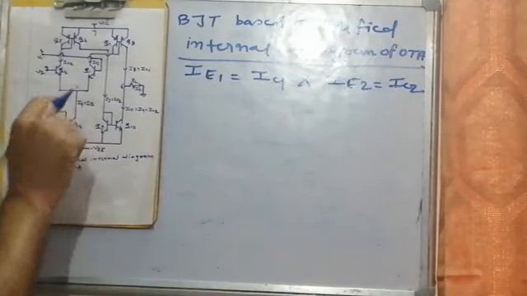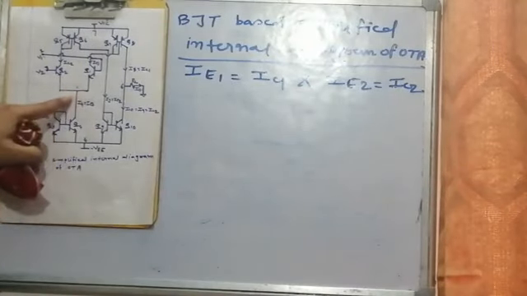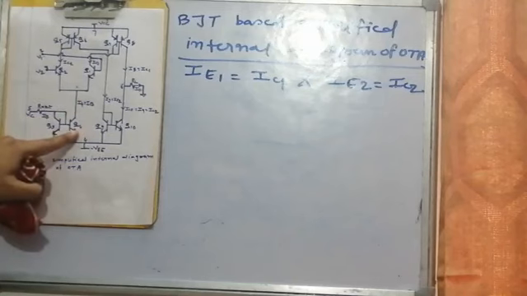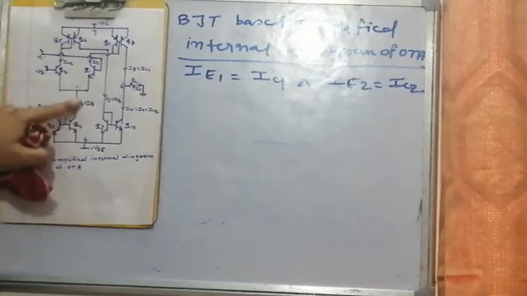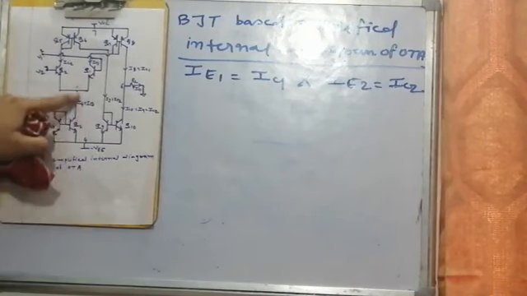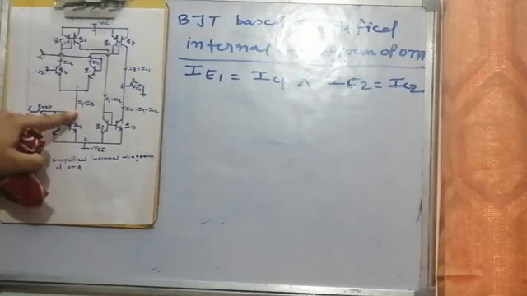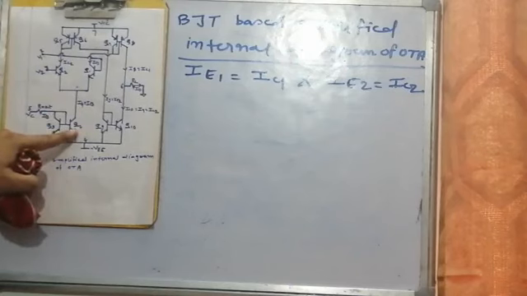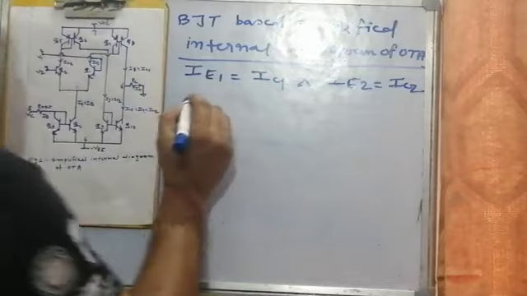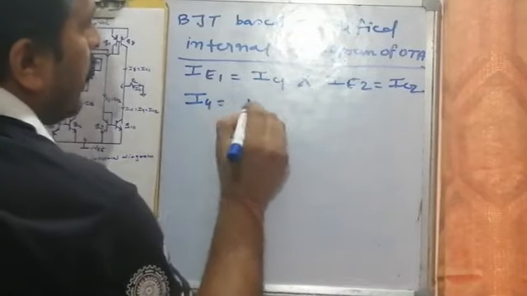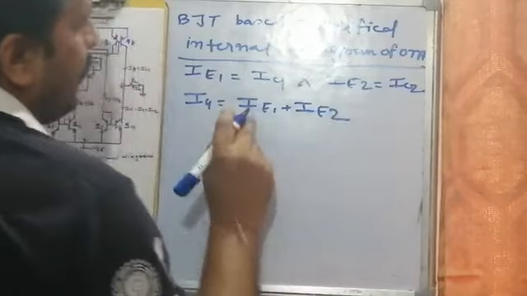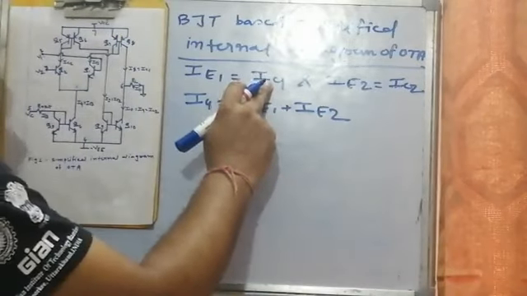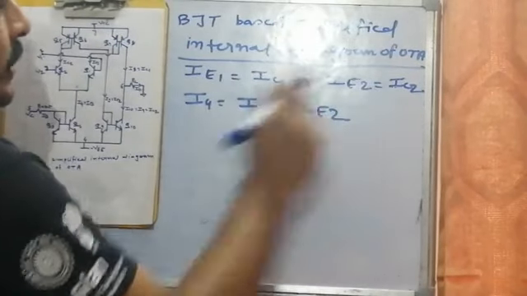And what we have done, these two emitters are combined and connected to a transistor Q4. So if I am assuming I4 current is flowing at the emitter terminal of transistor Q4, we can say I4 equal to IE1 plus IE2, but IE1 is equal to IC1 and IE2 is equal to IC2.